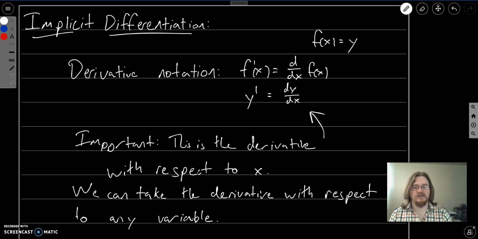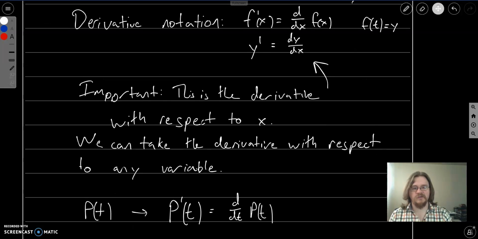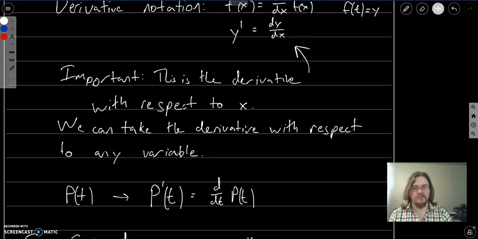It could be that maybe my function is a function of t, and I could write y as a function of t, or I could use other variables. So for instance, if I have p of t, maybe I'm looking at a population over time, and I call it p for population.